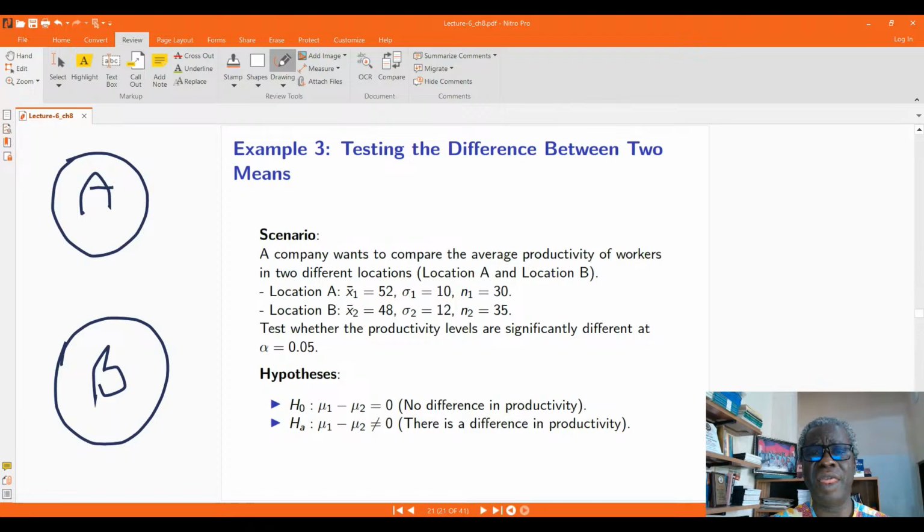So what the company did was to take a sample from workers in each location. So a sample of 30 is taken from location A, and then the average productivity is 52. This is the population standard deviation.